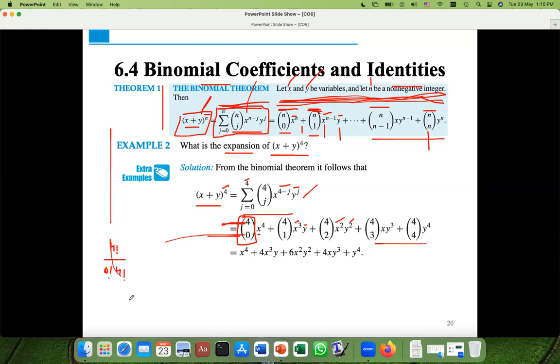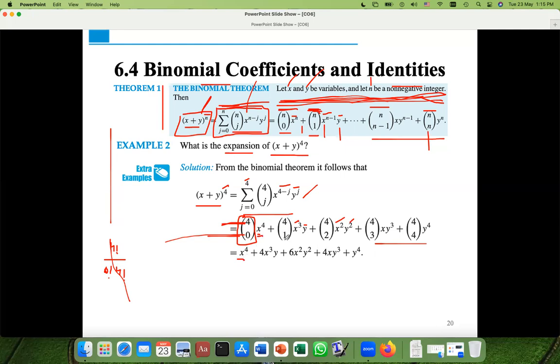So that thing will be cancelled with this one. And 0 factorial means 1. What is the factorial of 0? If you calculate it, it is always 1. So that's why you have 1 here, which is not mentioned. And you are left with only this x raised power 4.